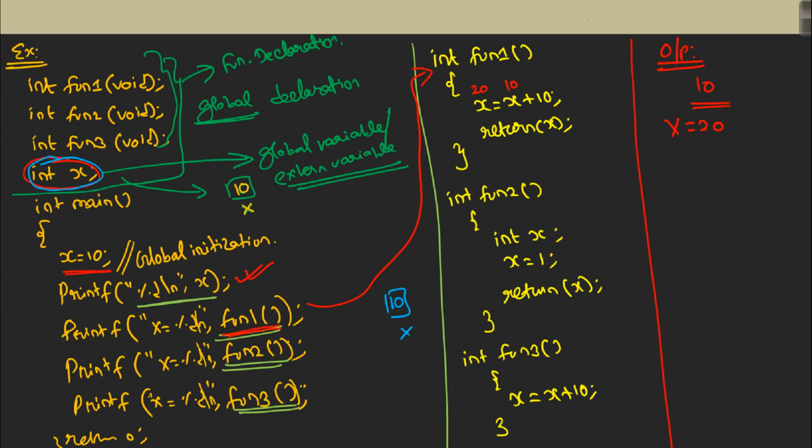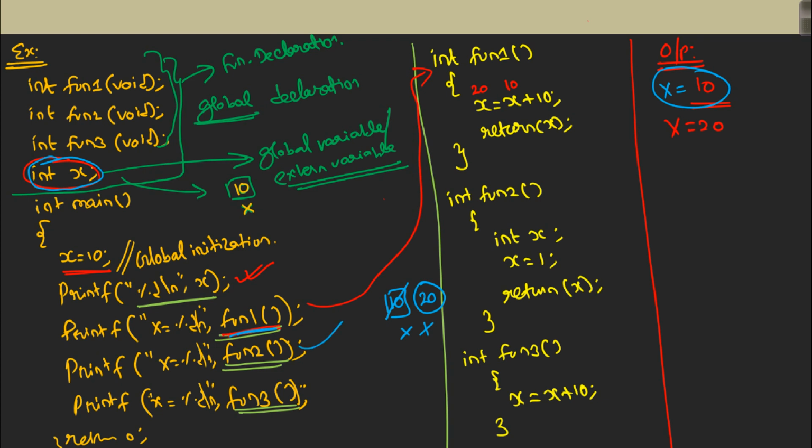And I am printing x, so the value of x will be 10 initially, and then in printf x equal to %d I call function 1 and add 10 to x. So initially x is 10 and I add 10 to that and save the result to this. So the x value will become 20 now, and I am returning x, so I will be coming back here.